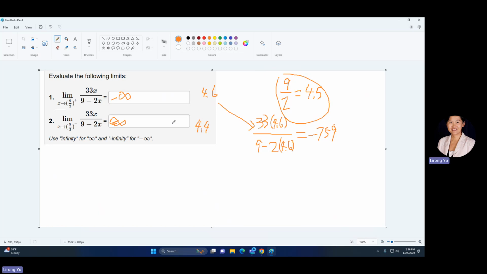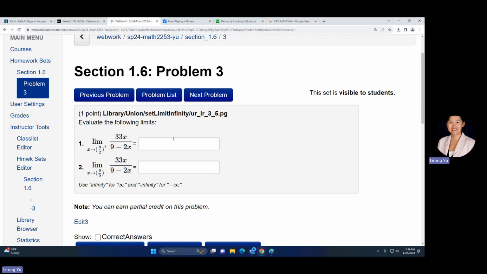You can also graph the function, of course, but that takes time. So the first one is negative infinity. Is that right or wrong? Yeah, negative infinity.